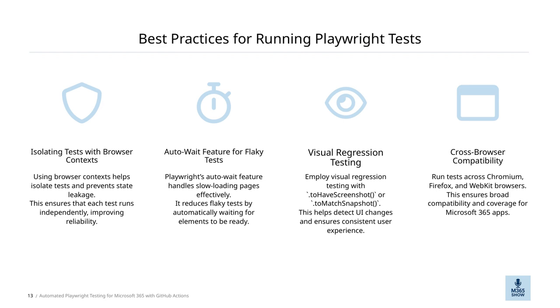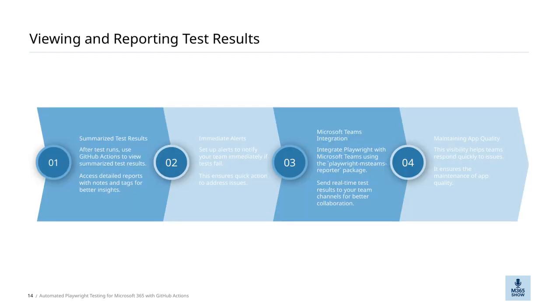This isolation ensures that each test runs independently and reliably, which is key for accurate results. All these practices together help us build robust, reliable, and maintainable test suites that align with our goal of delivering high-quality Microsoft 365 experiences.